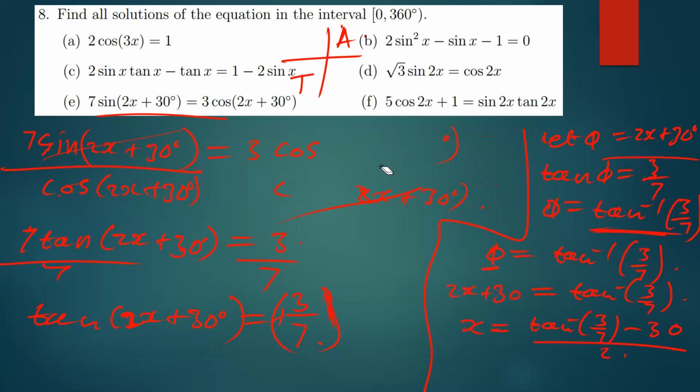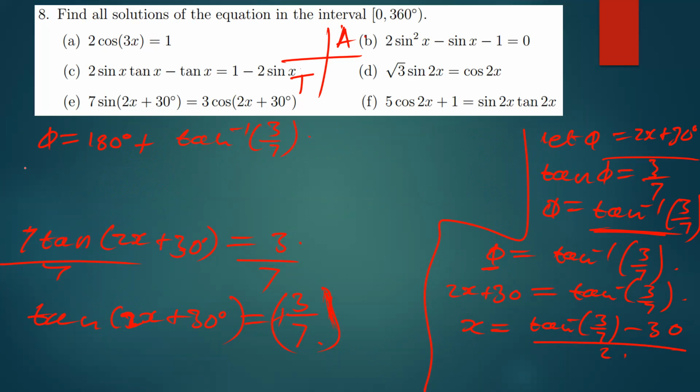And then your second solution is found in a similar way. But remember, in the third quadrant, to find phi, we say 180 degrees plus the reference angle, which is tan inverse of 3 over 7.